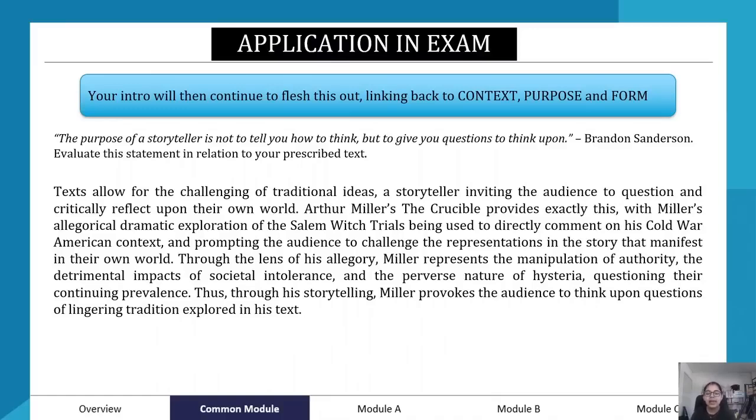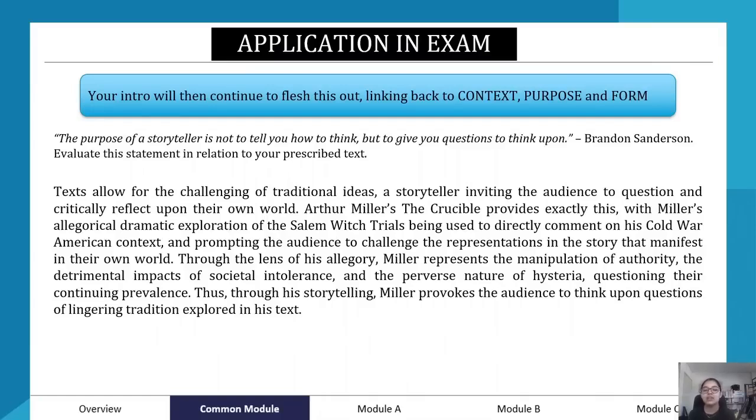So we can see here they introduce Miller's allegorical dramatic exploration. So it's an allegorical drama, and in terms of context, it is exploring the Salem witch trials to comment on McCarthyist America, on his Cold War American context.